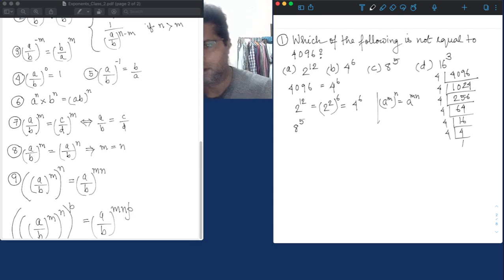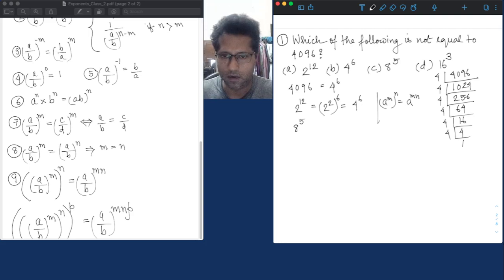Now we can clearly see that it was not necessary to do all these calculations, because 4096 we know that it can be expressed as some power of 2, and all the options A, B and C can also be converted as a power of 2, but only C we cannot convert, 8 to the power 5 to some power of 2.